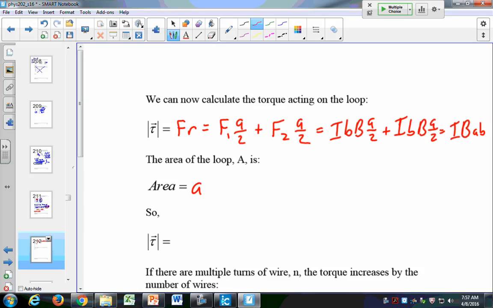In general, area is A times B. So we can say then that the torque for any loop is the current times the magnetic field times the area.